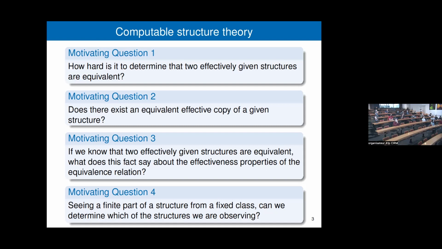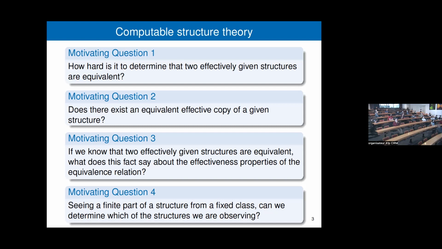The second question is about existence of a computable bi-embeddable copy of a structure. We have an arbitrary countable structure, and we want to know if we have a computable copy, but not up to isomorphism, but something similar, in this sense, a bi-embeddable computable copy.